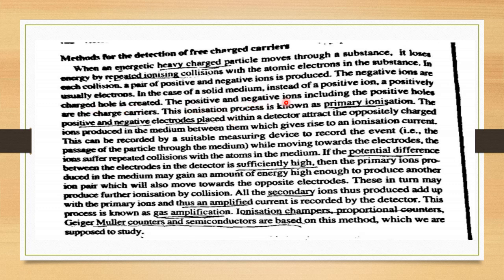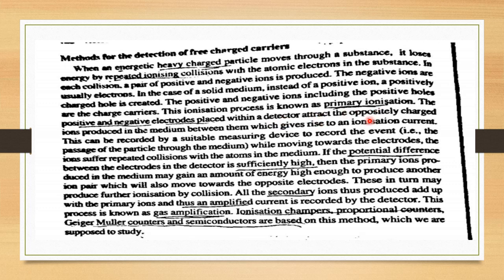The positive and negative ions, including the positive holes, are the charge carriers. This ionization process is known as primary ionization. Inside the detector there will be negative and positive electrodes.